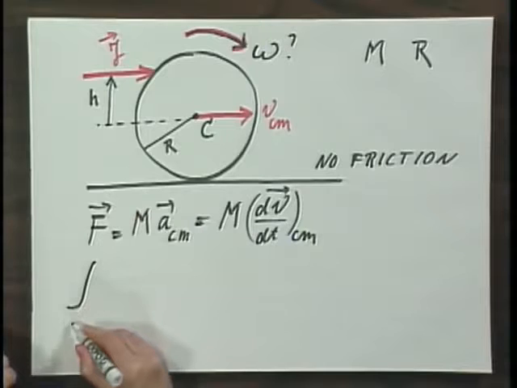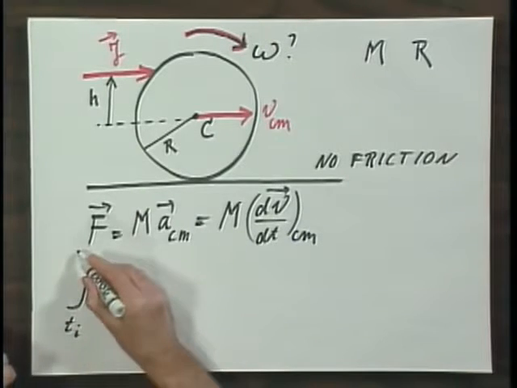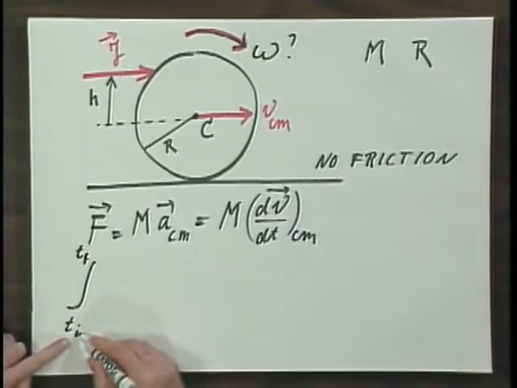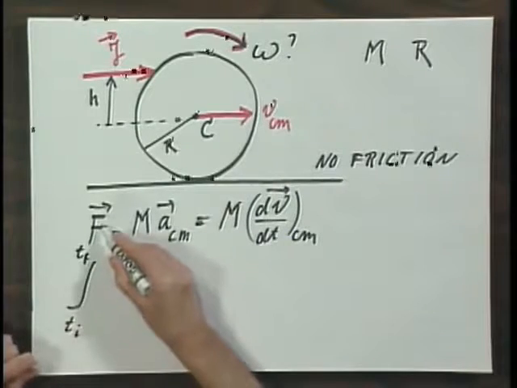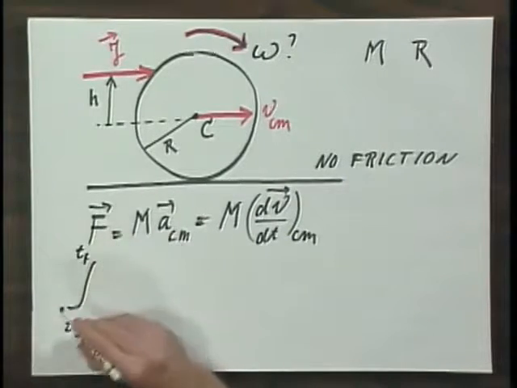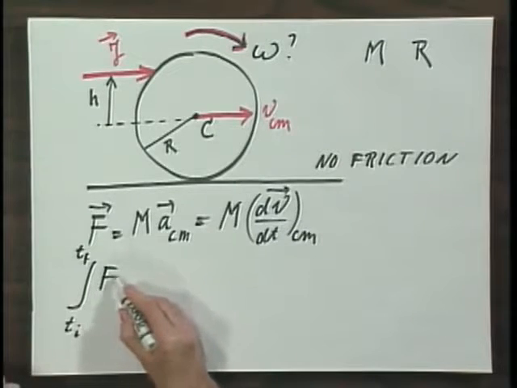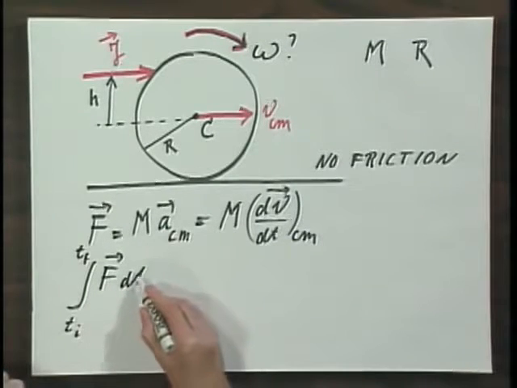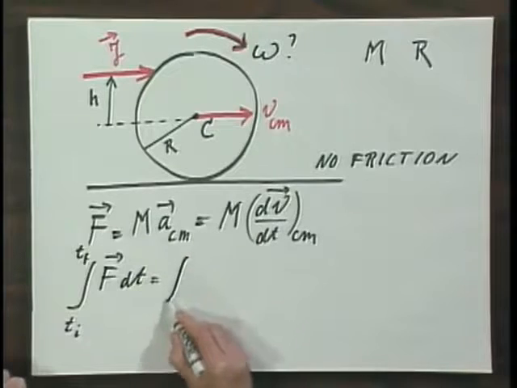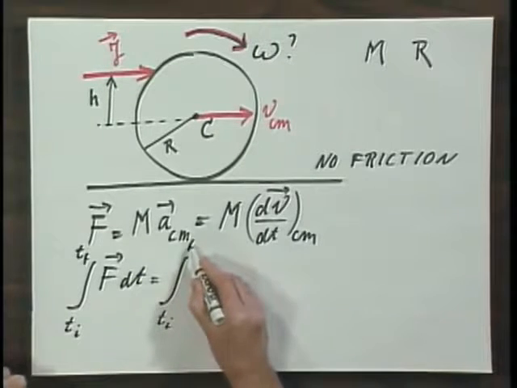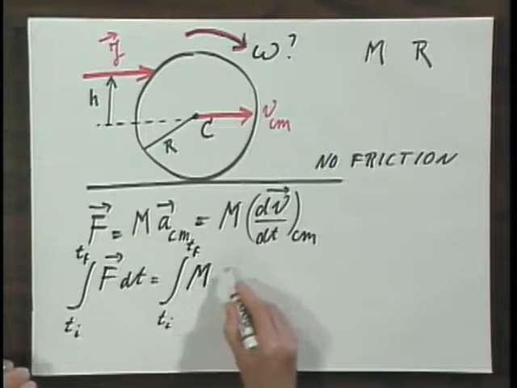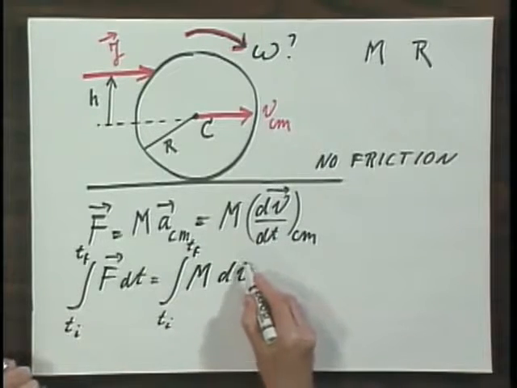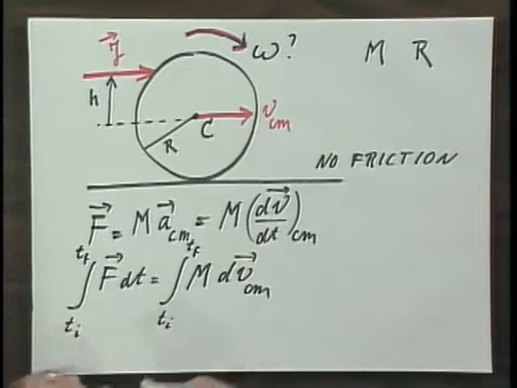So what do I get? I get the integral from an initial time to a final time, this is the time interval that the force lasts. The force doesn't have to be constant in time. The integral of F dt equals the integral over that same time interval, t initial to t final, of m times dv of the center of mass.